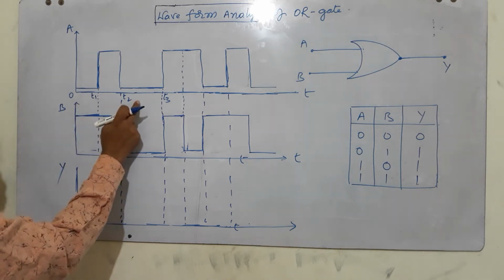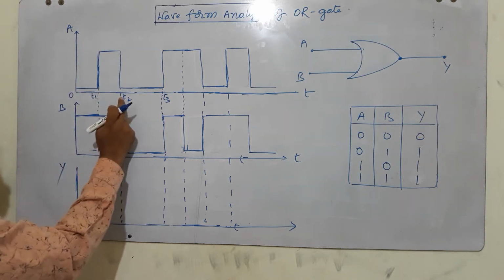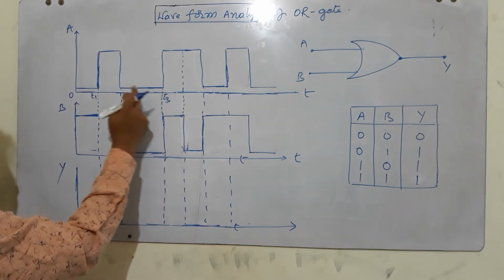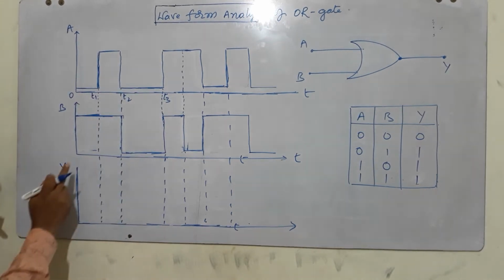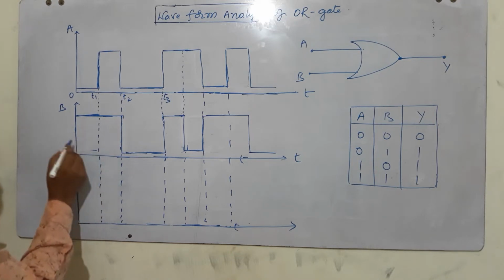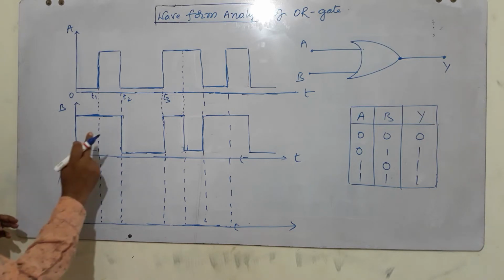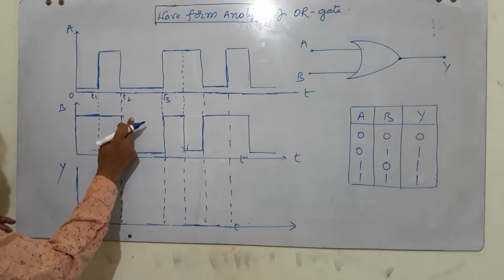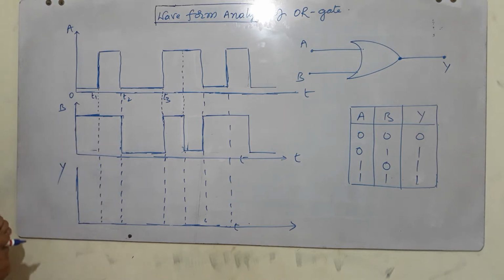From t1 to t2, A is high, that is 1. From t2 to t3, A is low, that is 0, just like that. B also: from 0 to t1, the value of B is high, and from t1 to t2, the value of B is also high, just like that.